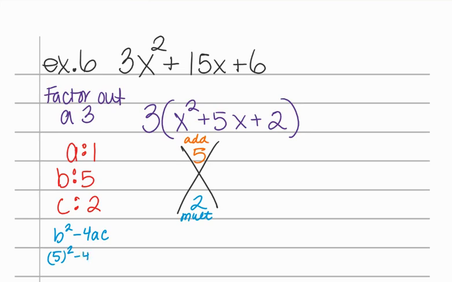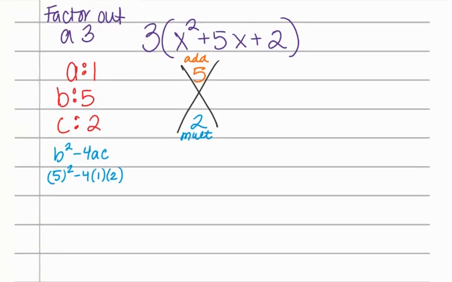5 squared minus 4 times 1 times 2 is 25 minus 8, which is 17.